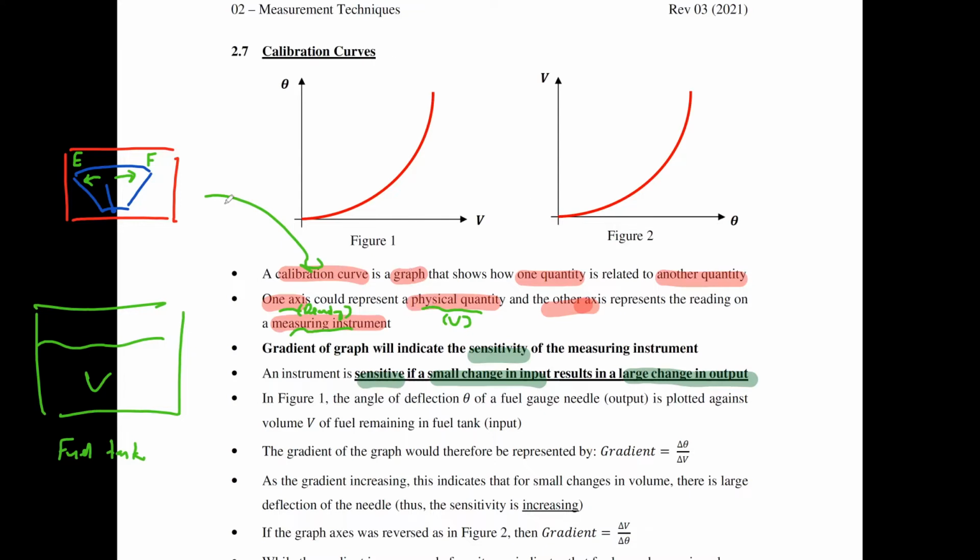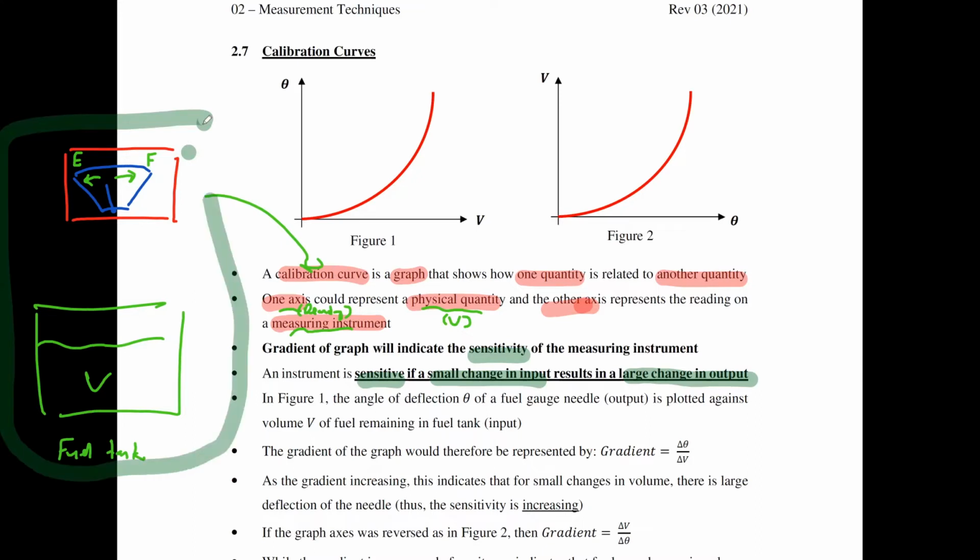Okay, so now we apply the concept of sensitivity to the example of a fuel gauge, which measures the volume of fuel inside a fuel tank. What we do is produce a graph which shows the angle of deflection of the fuel gauge needle against the volume of fuel inside the fuel tank. We have this graph here.